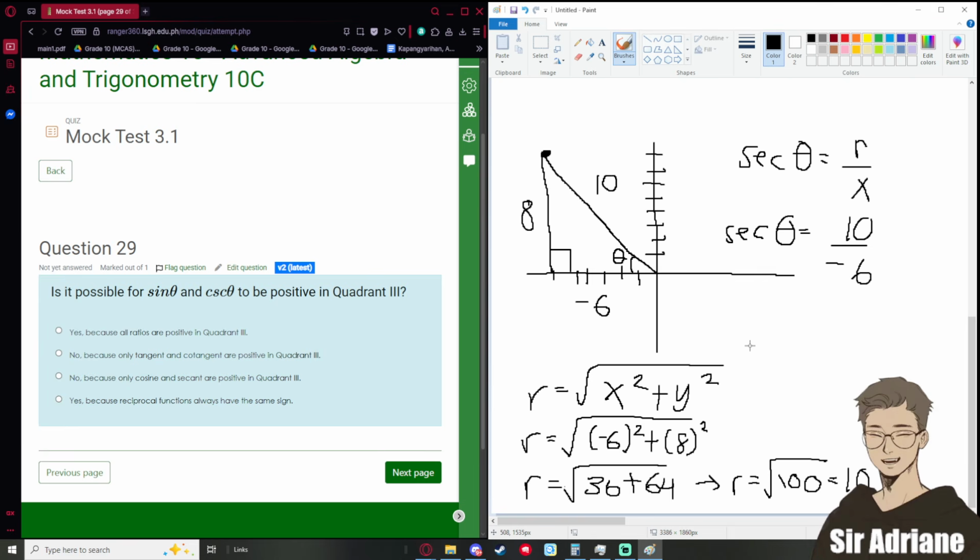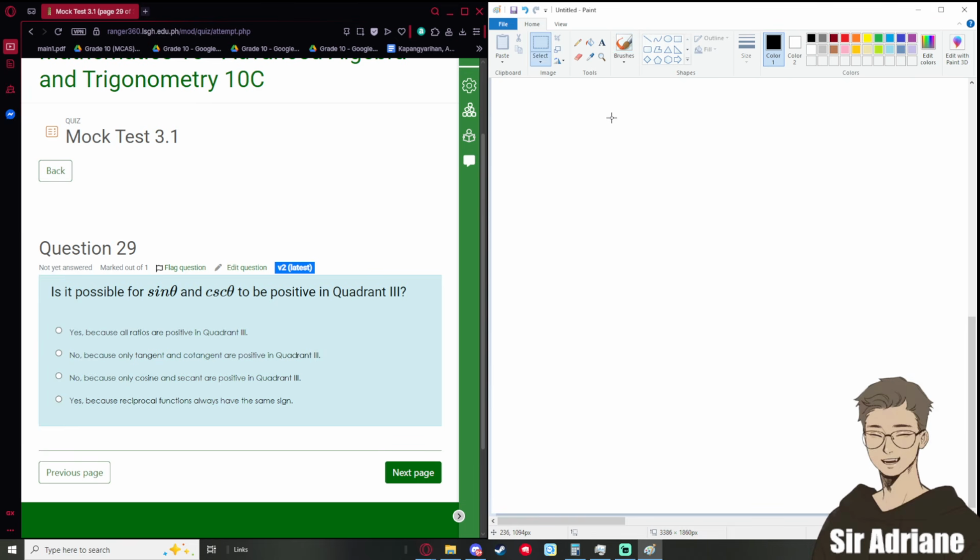Number 29. Is it possible for sine theta and cosecant theta to be positive in quadrant 3? So if we recall our algebraic signs, we use the mnemonic ASTC, meaning for quadrant 1, all trigonometric functions are positive. In quadrant 2, only sine and cosecant are positive.